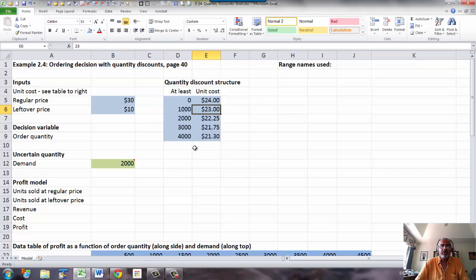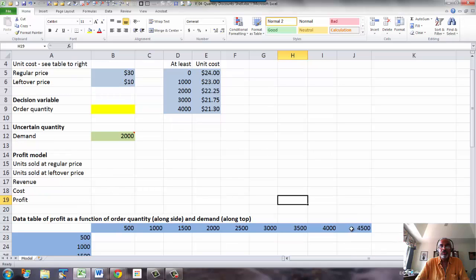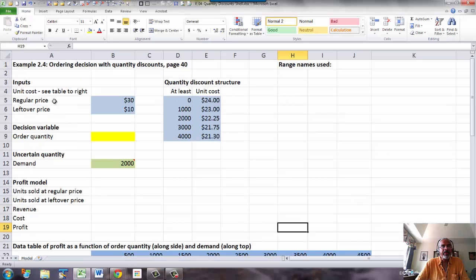So this is the cost structure, or cost matrix. Now we want the order quantity. Of course, order quantity is something we have to decide, so that is a decision variable. Now demand, we don't know what the demand is going to be. Demand can be anywhere between 500 and 4,500. For the purpose of setting the model up, let's just use a trial value of 2,000 copies. Okay, and then we have to set up the model here, and let's give some names.